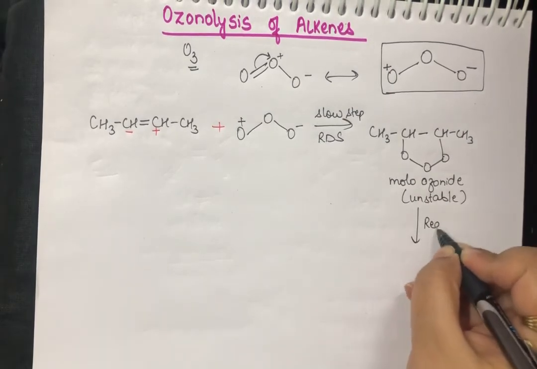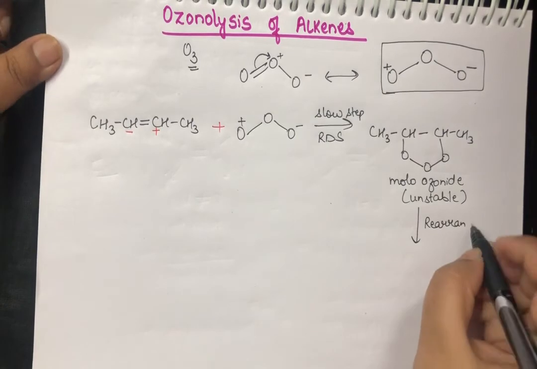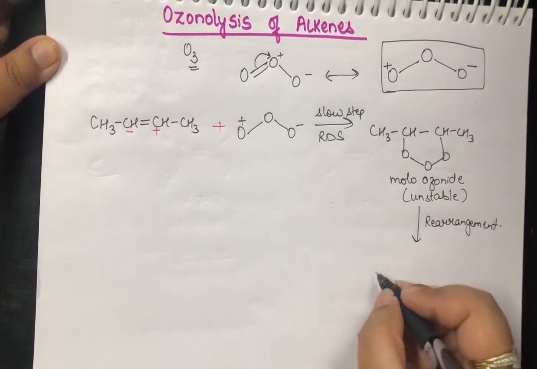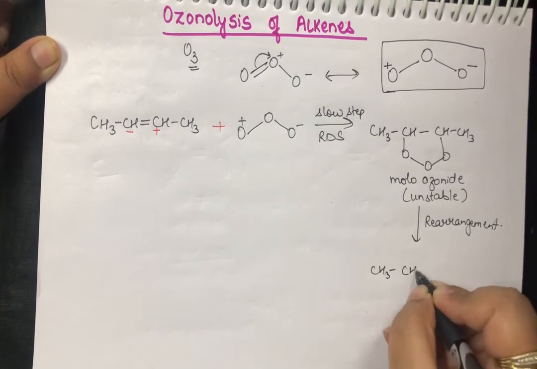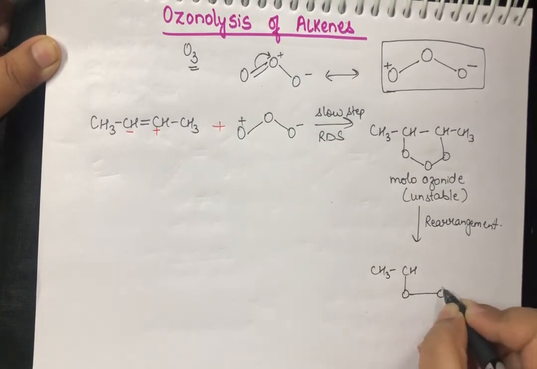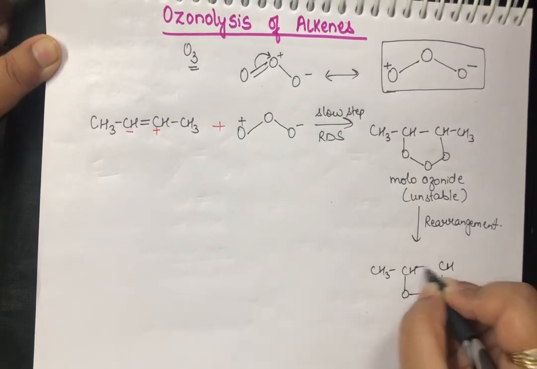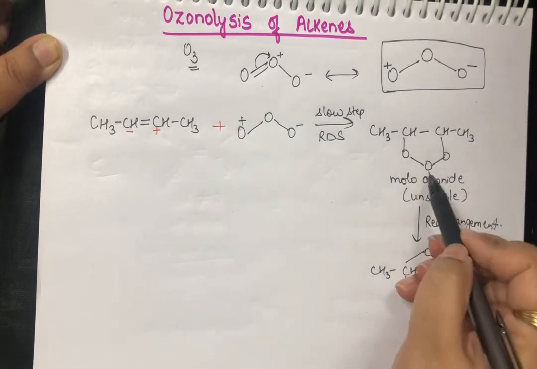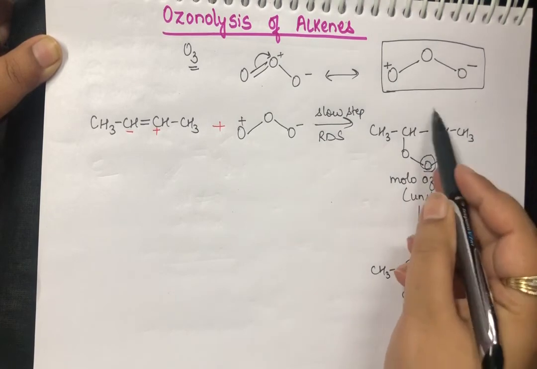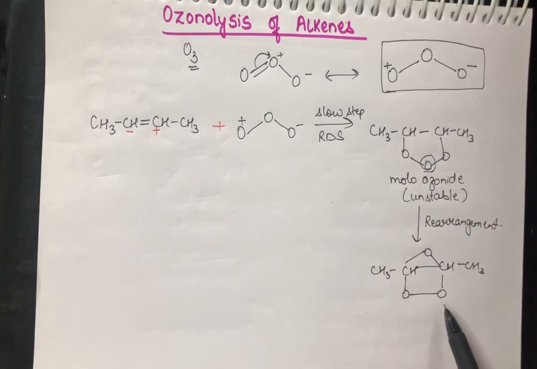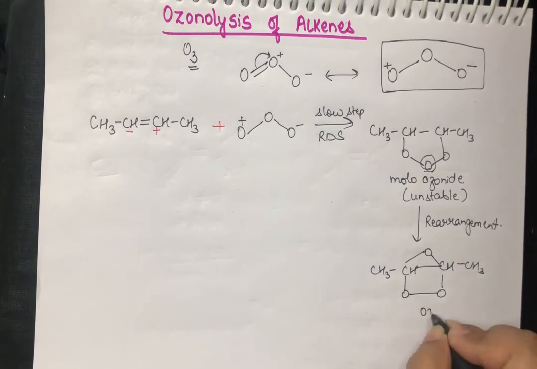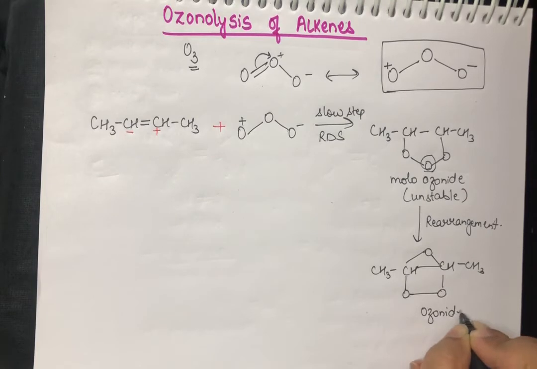This will undergo rearrangement and it will have a structure like this. What has happened? This oxygen has gone above with a little rearrangement, and this is a comparatively better structure in terms of stability. This is called ozonide.